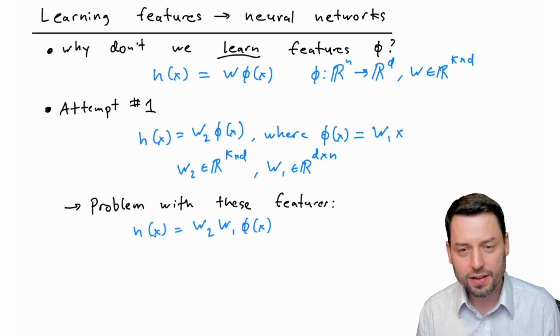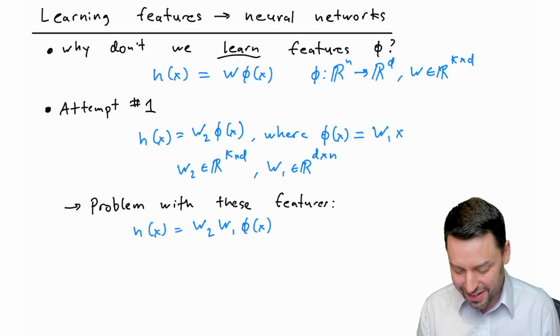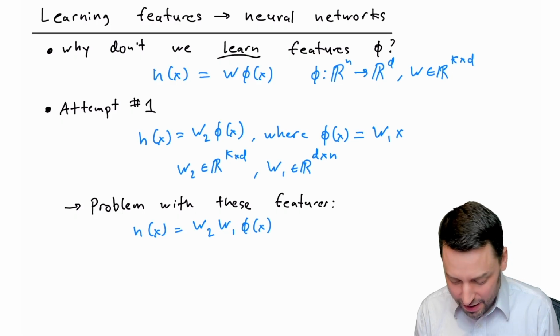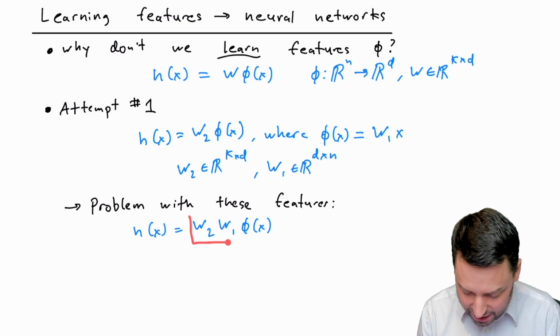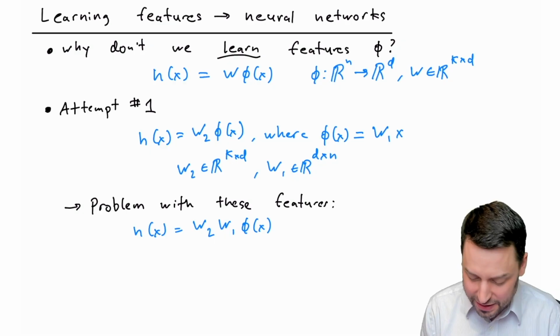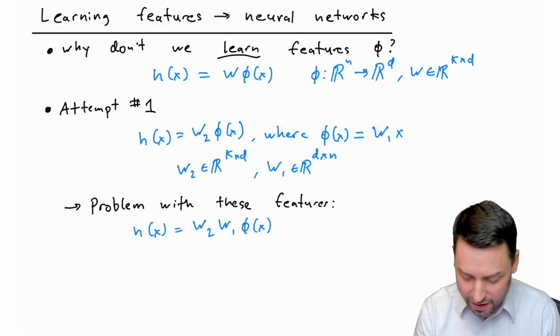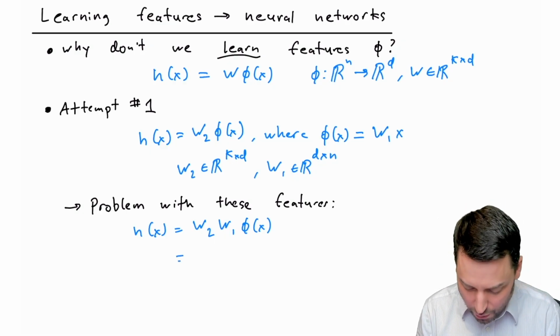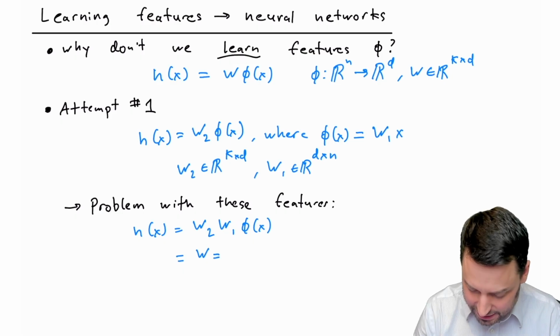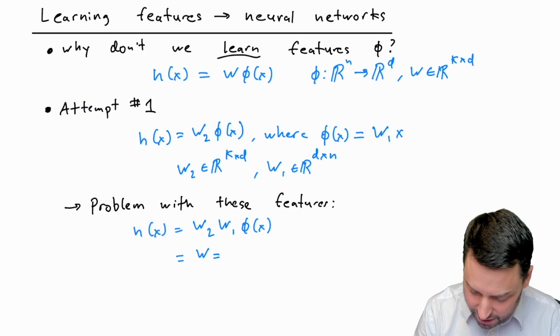And by the associative property of matrix multiplication, we can take these two matrices here, a k by d matrix times a d by n matrix, and just write this as some other matrix W times x. Oops, sorry, this should be x here.